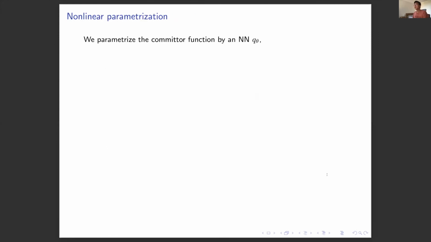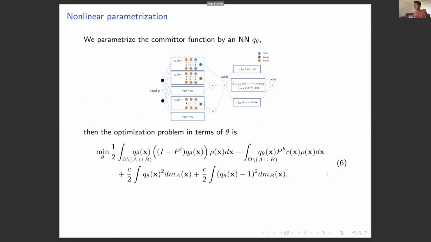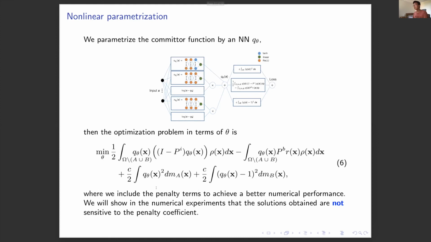And then we parameterize the committor function by a neural network. And in order to achieve a better performance, we also add the penalty terms here. But the important difference between this formulation and the formulation in the previous work is that here we don't need to tune this penalty coefficient. We will show that in the numerical part.